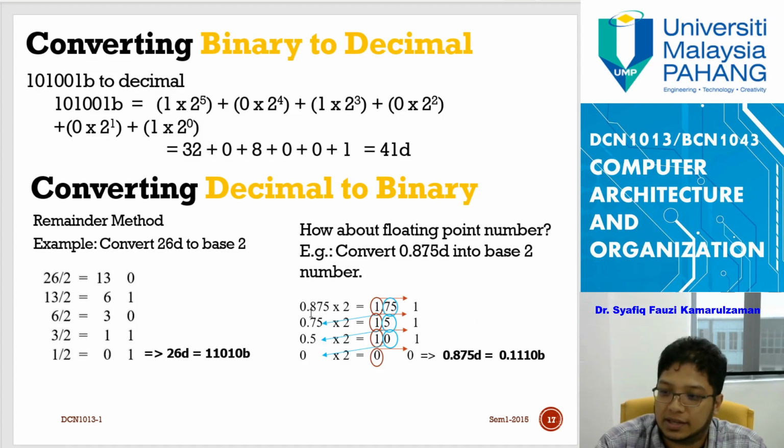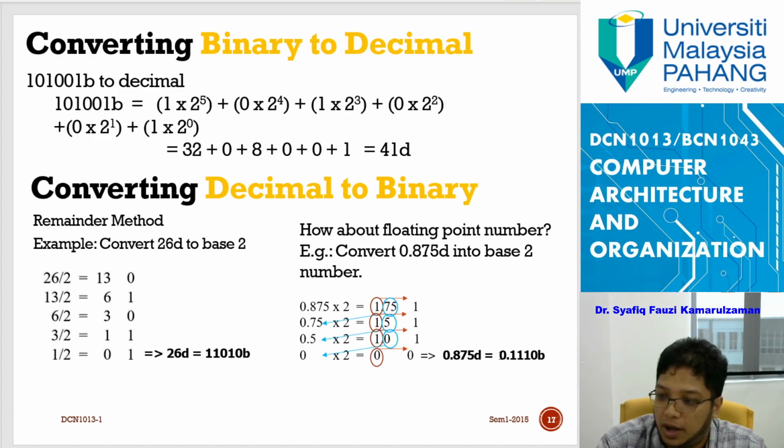So here, 0.875 times 2 gives 1.75. The 1 here becomes the digit, so you pull the 1 out and put it in front, and then you push down the 0.75. Then 0.75 times 2 gives 1.5.